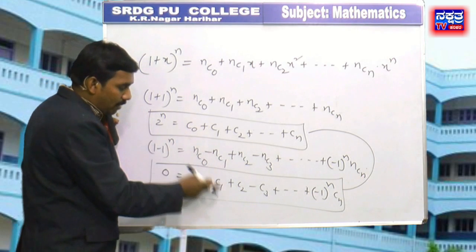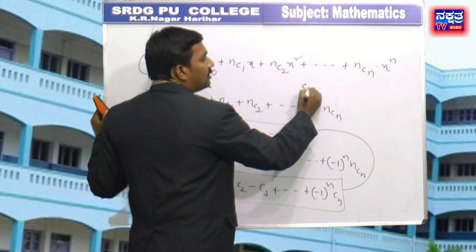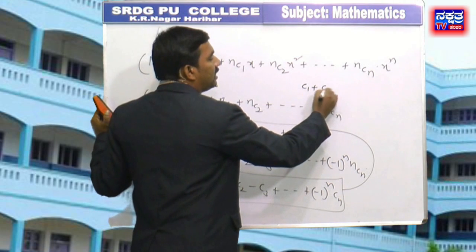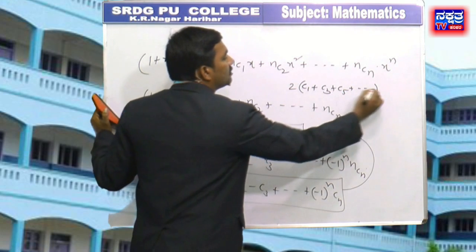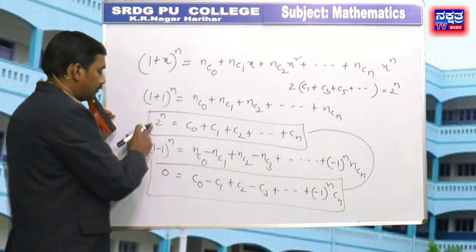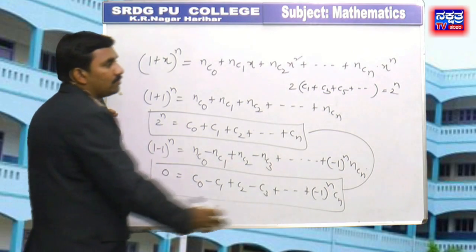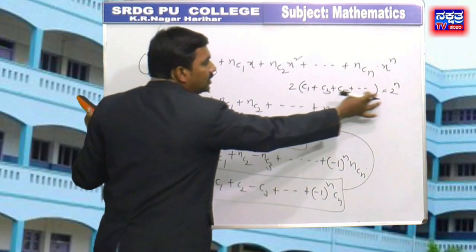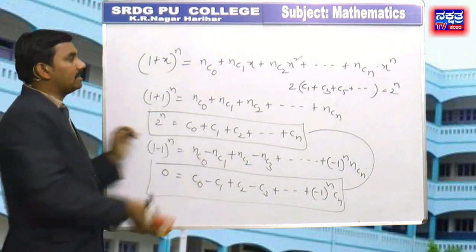If you take 1 minus 2, you get the terms C1 plus C3 plus C5 plus so on, 2 times, equal to 2 power n minus 0. So clearly we take minus 0, so 2 power n.